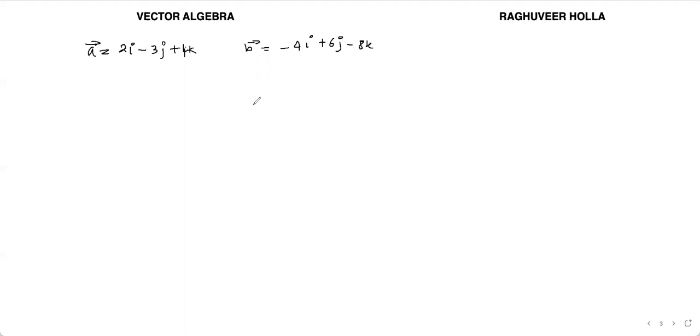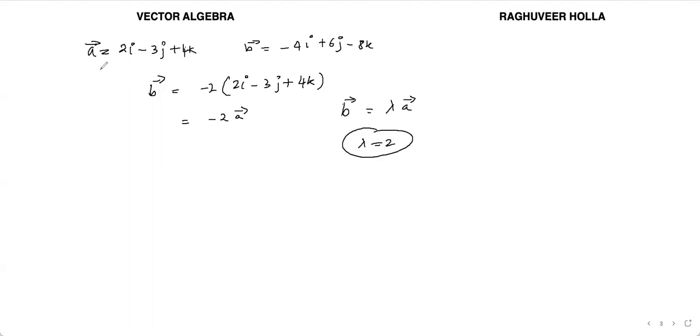If you look at the relation between a and b here, if I take minus 2 outside, I get 2i minus 3j plus 4k, which is equal to minus 2 times the vector a. So b is equal to lambda times a, where lambda is minus 2. So these two vectors are collinear.